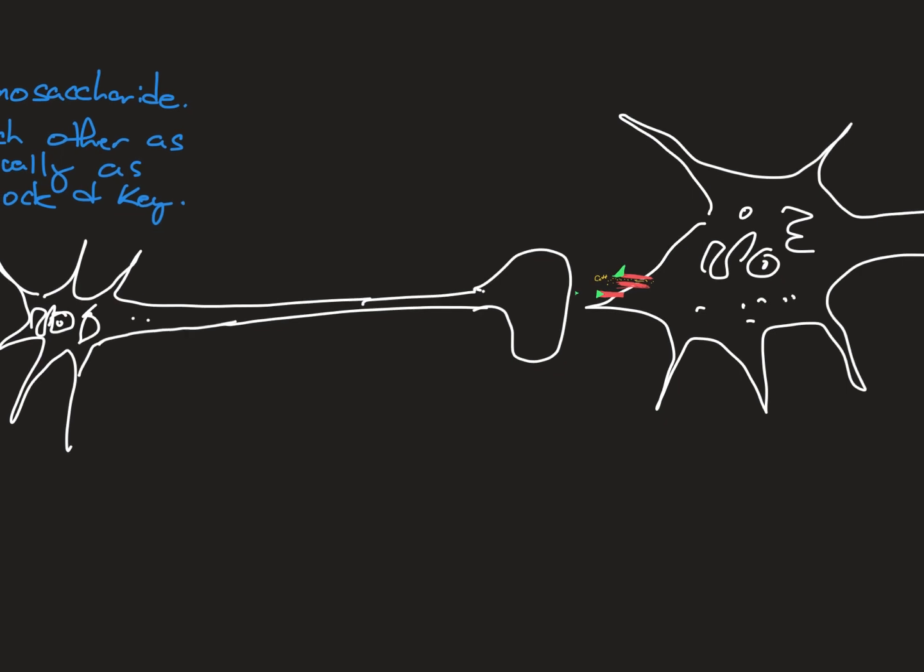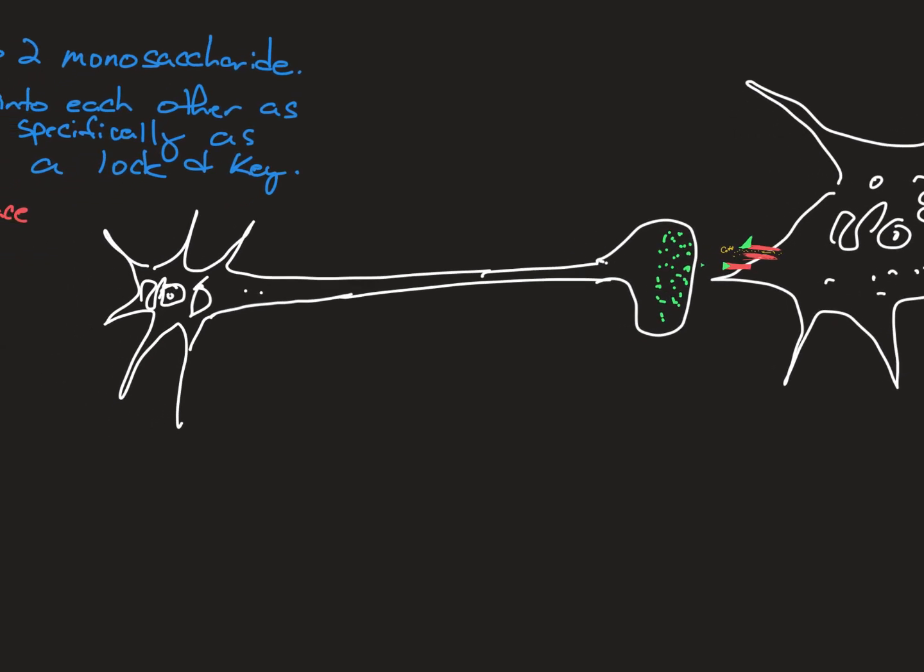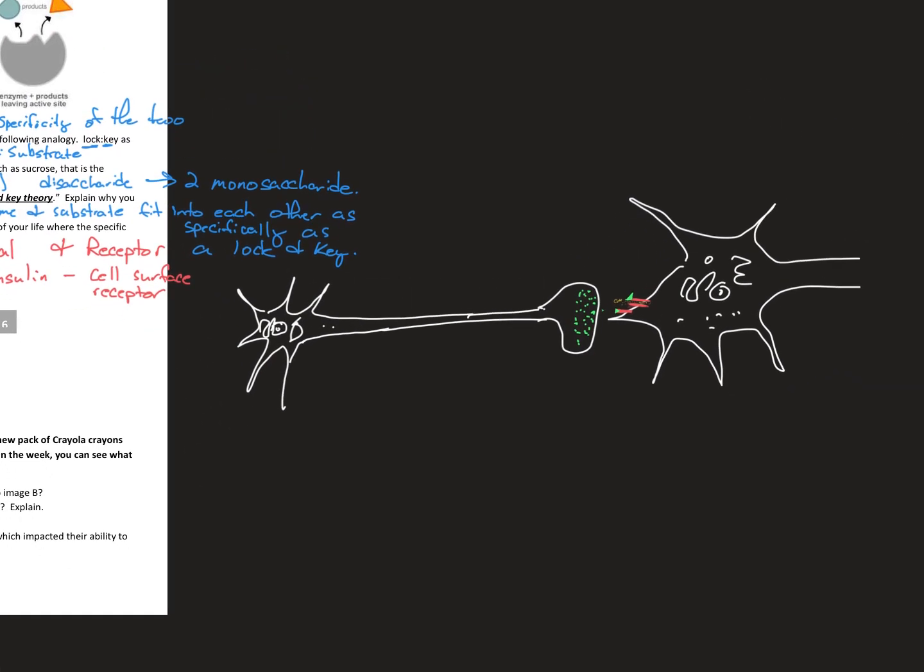So these neurotransmitters are held in vesicles inside the previous cell and released as soon as you want to have a thought.